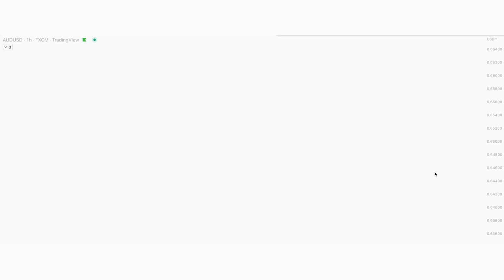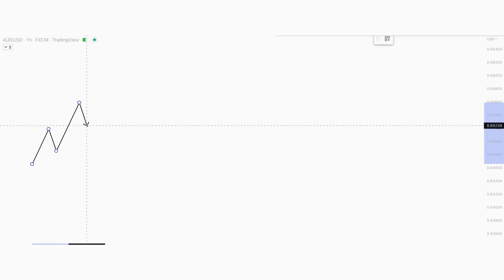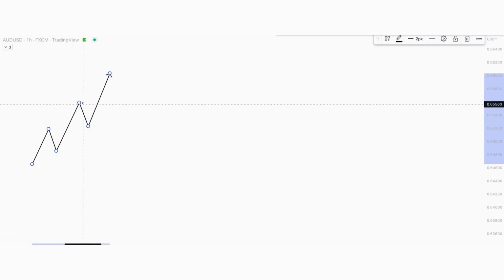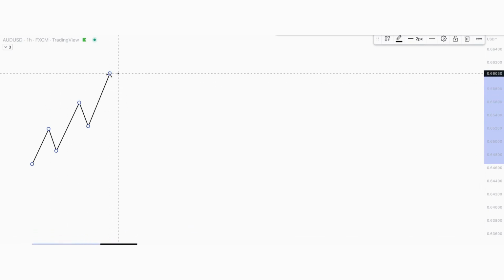We see a market trend like this. This is an example of a bullish trend, or a pro trend bullish structure.